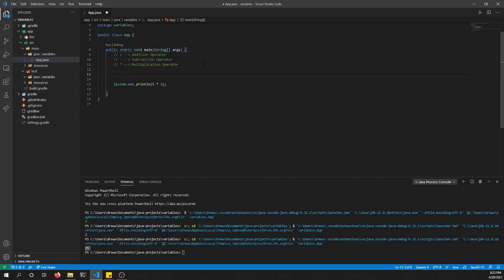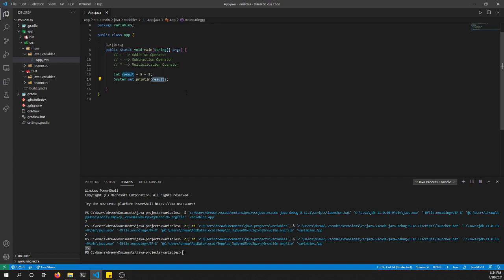Now we can also run these computations and store them in a variable, and I'll just say int result equals, and we'll do 5 plus 3, and we will just print the result. So notice that with println, you can actually print a variable and get the value out of that memory, or you can just type in the computation and get it directly that way.